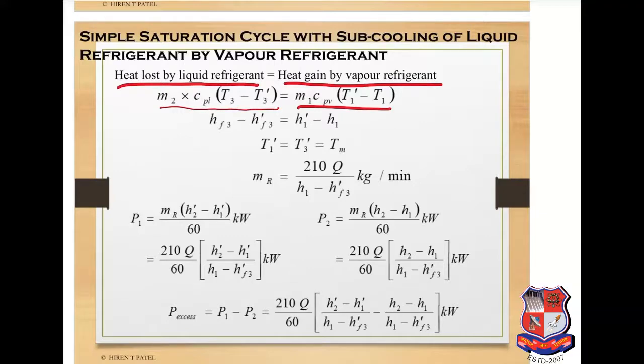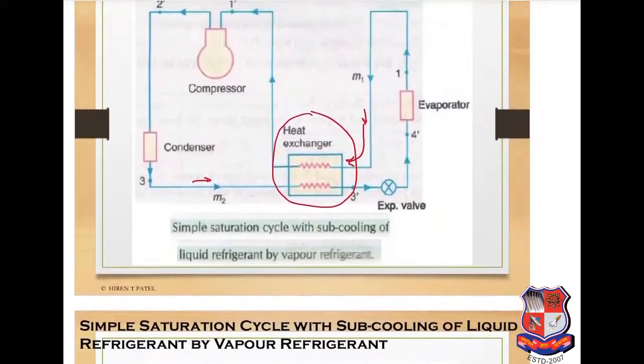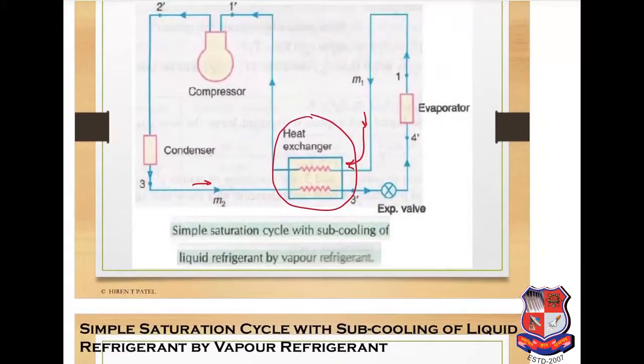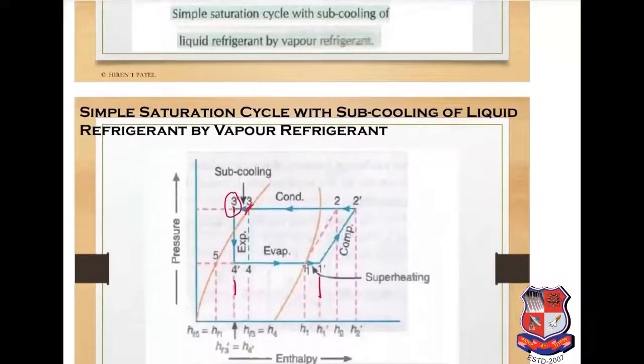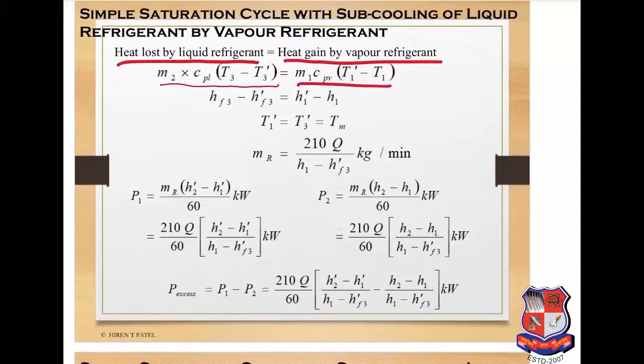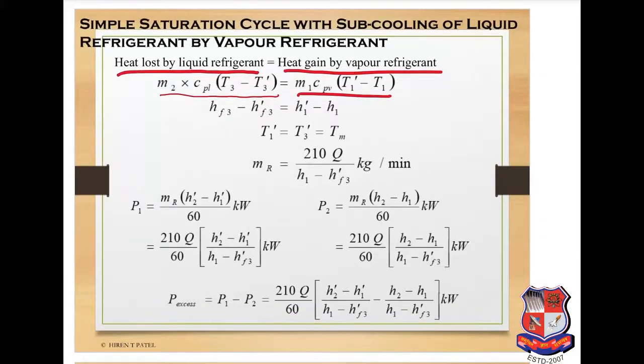So mCp delta T is equal to mCp delta T. Here M2 and M1 are taken as different, but actually the mass is the same. In this notation, M1 is the mass of liquid refrigerant and M2 is the mass of vapor refrigerant. So HF3 minus HF3 dash is equal to H1 dash minus H1. So ultimately we have T1 dash is equal to T3 dash is equal to Tm.